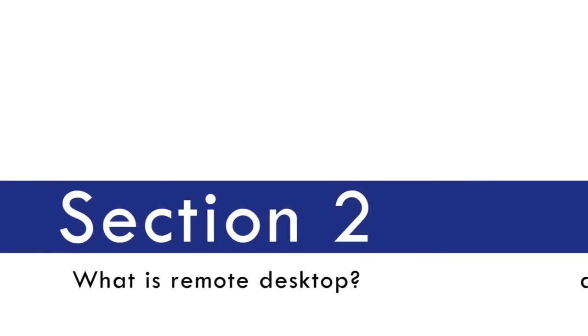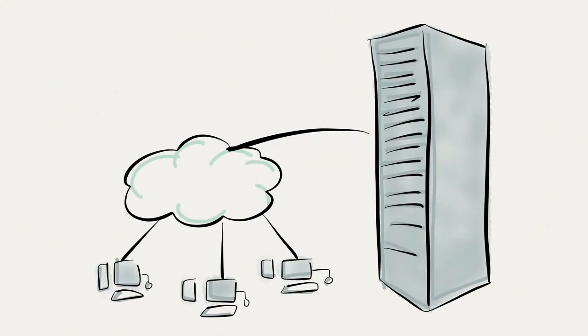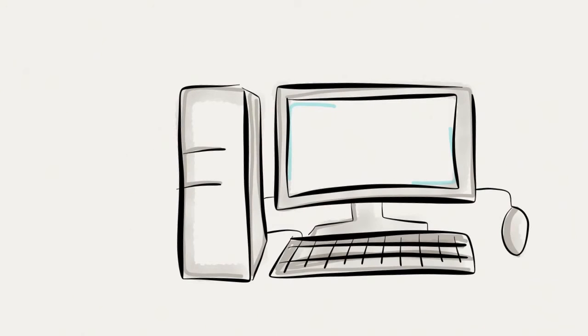Section 2, Part 2, a computer with extremely long cables. To better understand the nature of a remote desktop, it's good to compare it with something that we're familiar with, like a traditional desktop computer. It has a tower, monitor, mouse, and keyboard. All of the computing power happens within the tower, where there's hardware, the operating system, and applications.